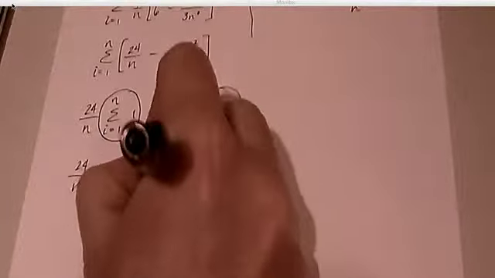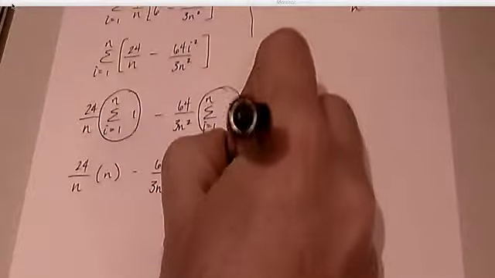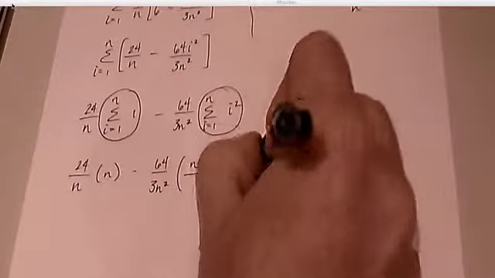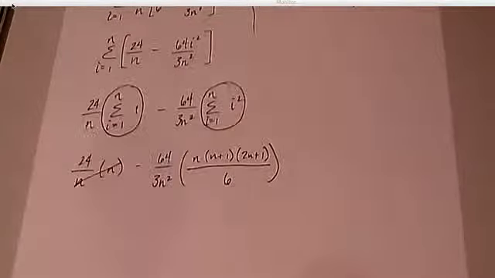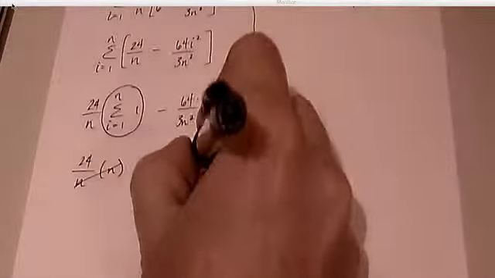Surprise, surprise. And this is going to be 64 over 3n squared times n plus 1 times 2n plus 1, all of that over 6. Now, these two cross out. That's easy to see. Now this n and one of these can cross out.